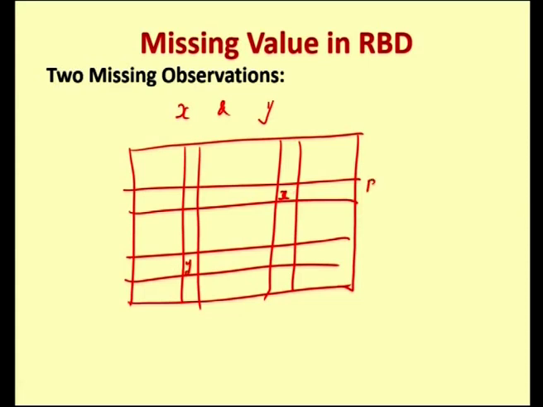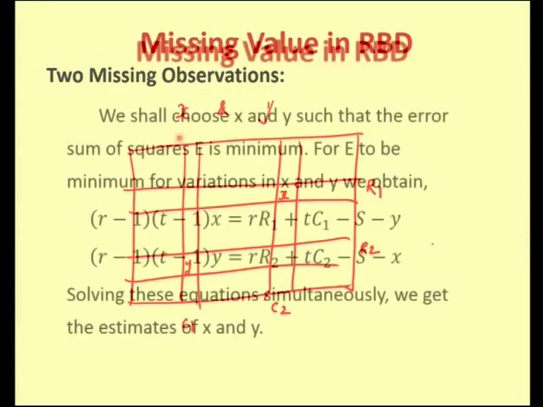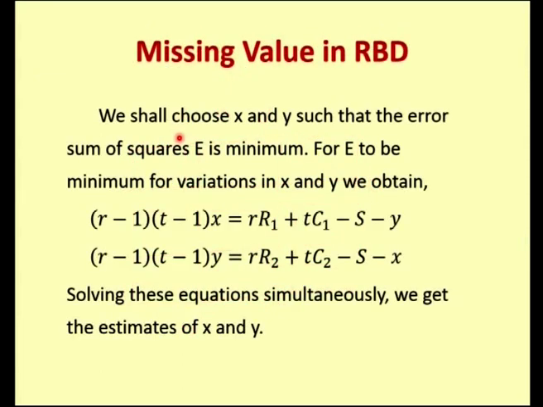So, we have R1, R2 and C1, C2, where R1 is the sum of the row where the first observation x is missing, and R2 is the sum of the row where the observation y is missing. In the situation when two observations are missing, we shall choose x and y such that the error sum of squares E is minimum.